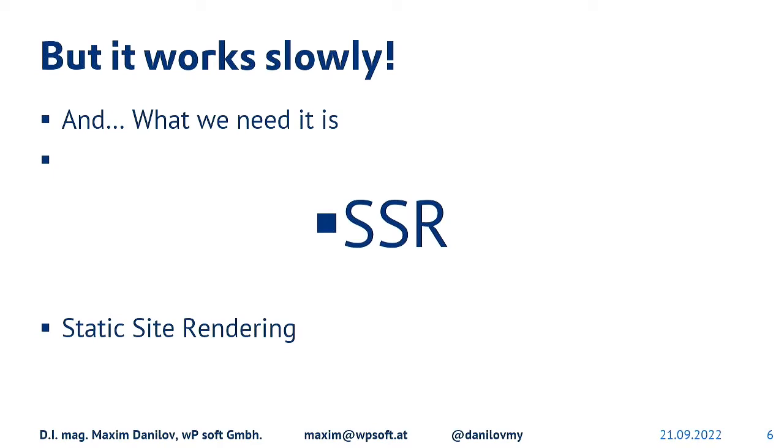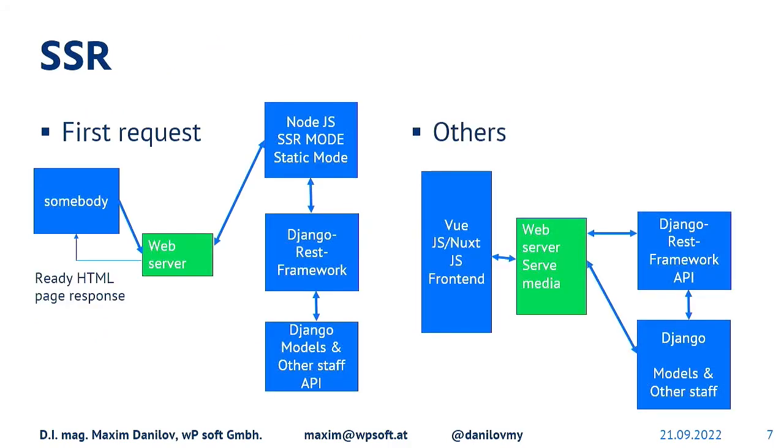Okay, how does it work with SSR? For the first request, the browser asks our web server, it goes to Node, Node asks Django REST API, Django REST framework asks Django, and after that the answer and rendered template come to the browser.